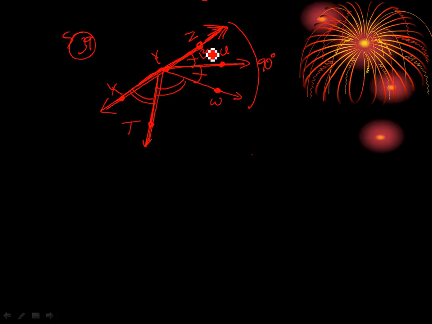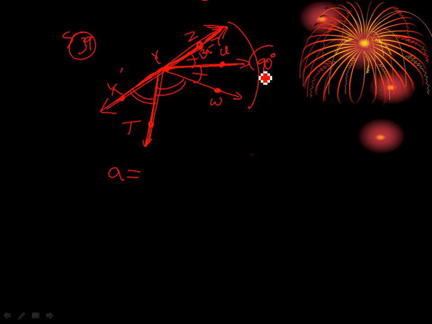I'm sorry, I wrote it wrong. So this is 13A minus 7. That's angle ZYU. Find A. So this time they actually just want us to solve for A. So once we get A, we'll be done.